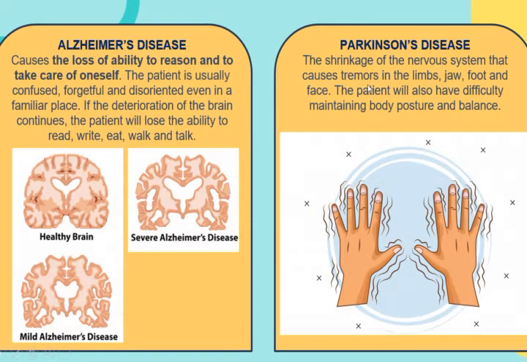It will cause tremors. What are tremors? Tremors means getaran, it will cause the limbs to shake, the vibration. The patient cannot maintain his body posture and balance. That is Parkinson's disease.